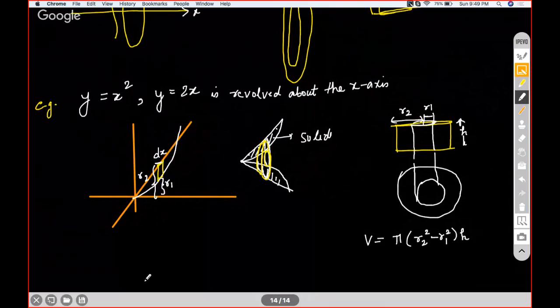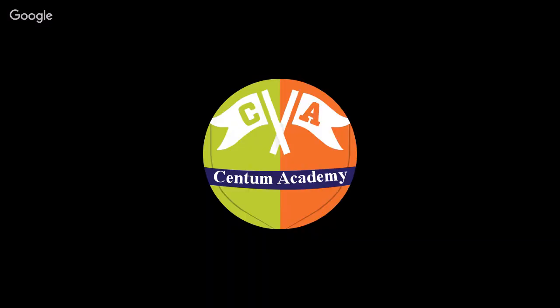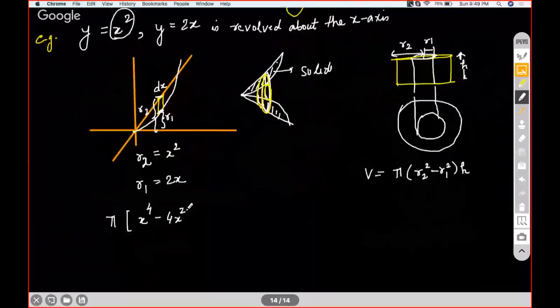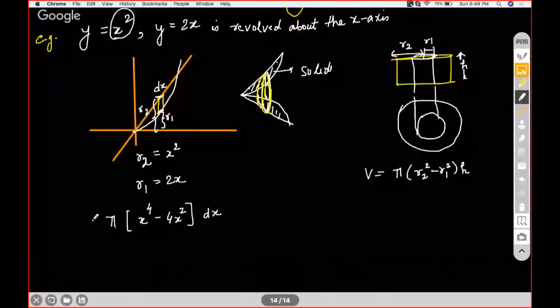So R2 will be the y coordinate of the upper curve, which is x square, and R1 will be the y coordinate of the lower curve, which is 2x. So the volume would be pi times R2 square minus R1 square dx, and I have to integrate this from this value of x to this value of x.